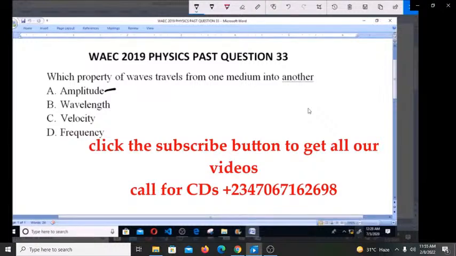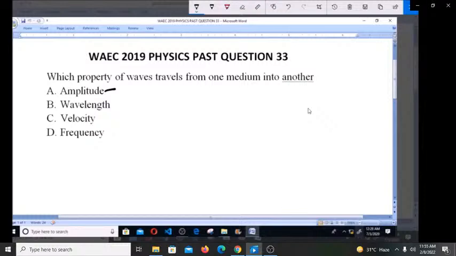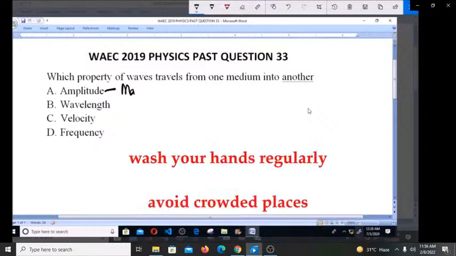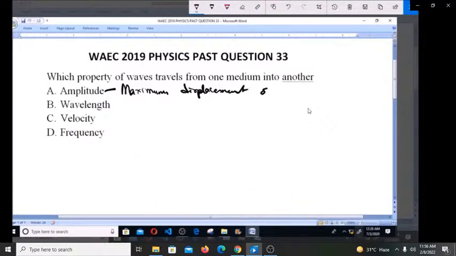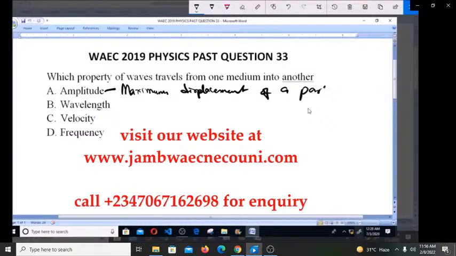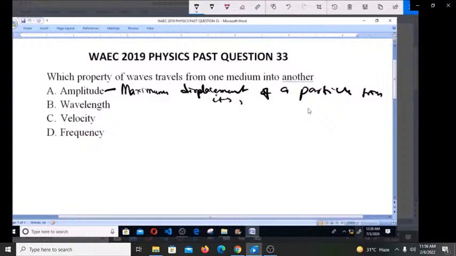Amplitude is the maximum displacement of a particle from its rest position. So whenever you talk about amplitude, we say it is the maximum displacement of a particle from its rest position. Then wavelength, what is wavelength? Wavelength is the distance between successive crests or troughs of a wave.